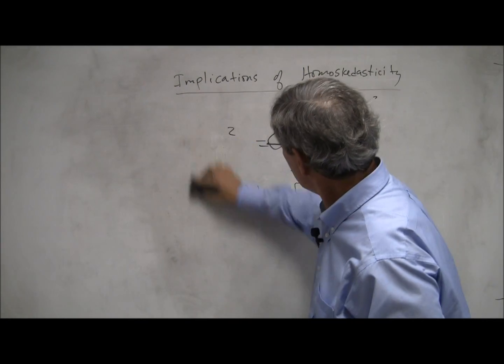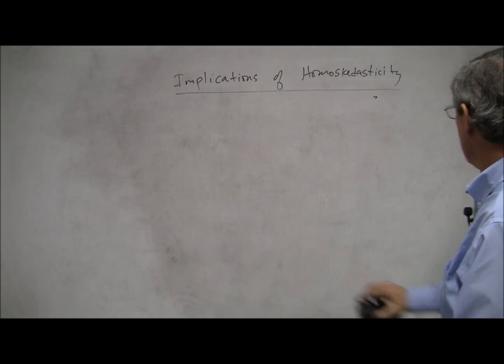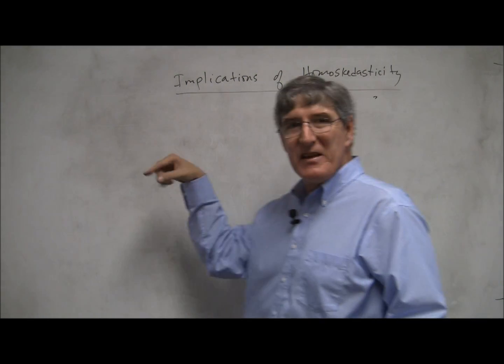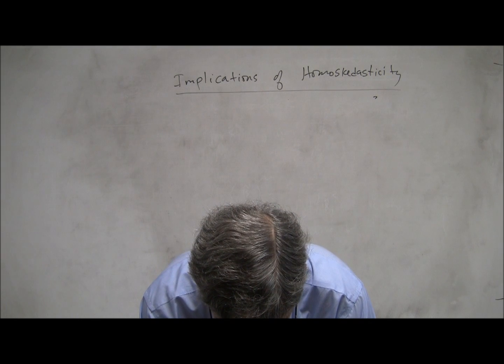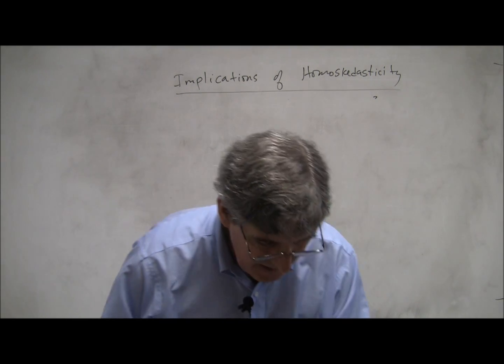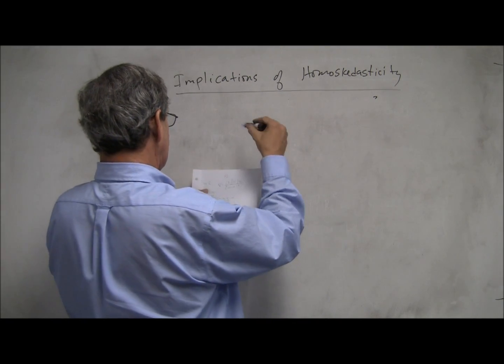For beta 0 hat, the old formula was quite complicated. It had that H thing in it and a bunch of other stuff. We never actually wrote down what you'd use to estimate it. It's a lot simpler here.